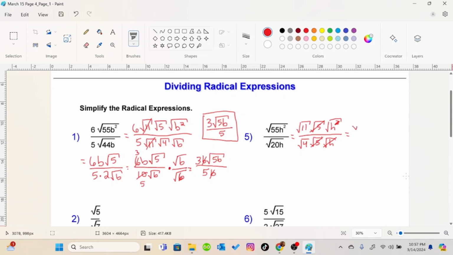That can be written as square root of 11h. And on the bottom, the square root of 4 is 2. So the final answer is square root of 11h divided by 2.